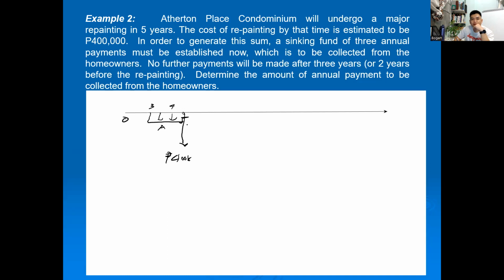Mali to. So, ulit. So, critical points. 0 and then 5. Okay? In order to generate this amount, at 5 years, magbibigay na tayo ng 400,000. Yan yung future. The sinking fund will be established now.